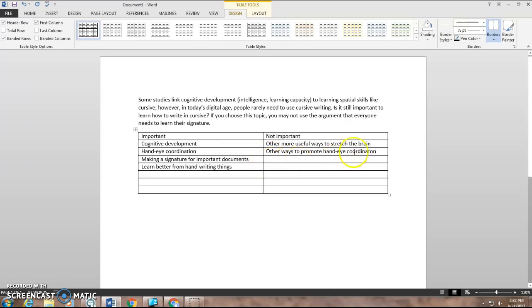Other ways to promote hand-eye coordination, which clearly I need because it's hard to type and talk at the same time. This is something I found online, that handwriting in any way, whether you're printing or blocking or using calligraphy or whatever, is just as good as cursive at that cognitive development.